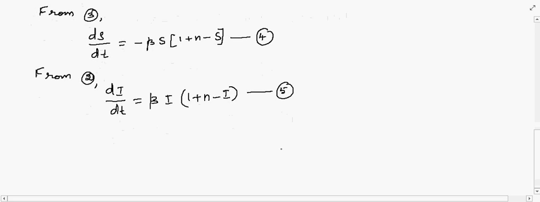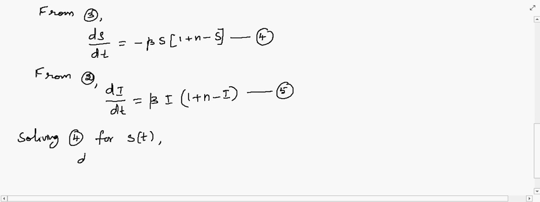Now I am going to solve equation number 4. So solving for S of t, I will take the S terms to the left hand side.